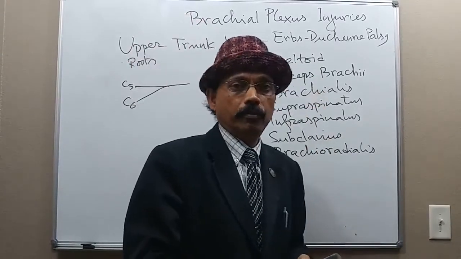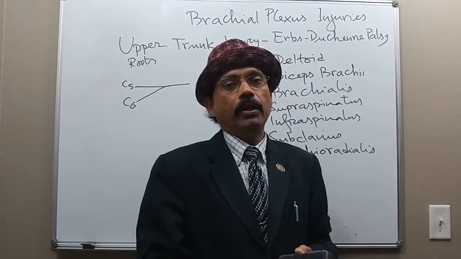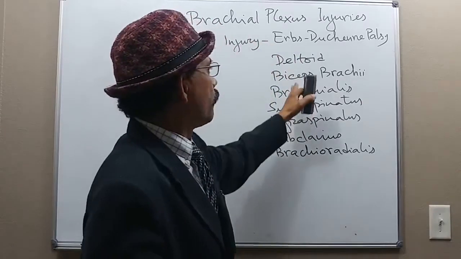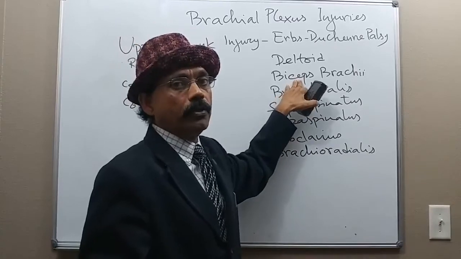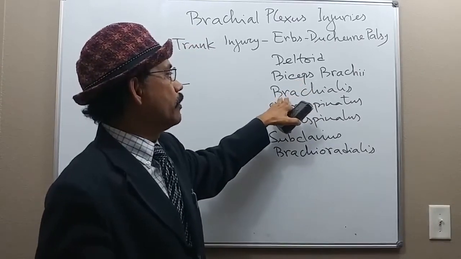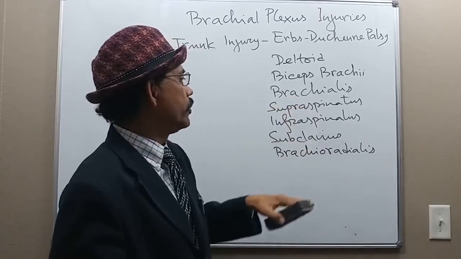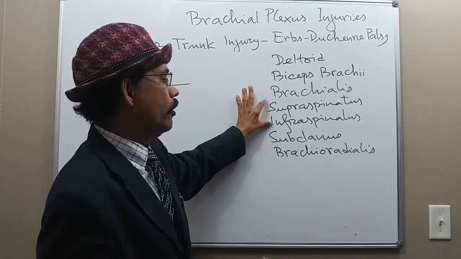The deltoid muscle, especially the posterior fibers and also the lateral fibers, are associated with lateral rotation. Flexion will also be lost because biceps brachii also flexes the elbow joint. Brachialis is also a flexor of the elbow joint, and the functions of supraspinatus and infraspinatus will be lost.